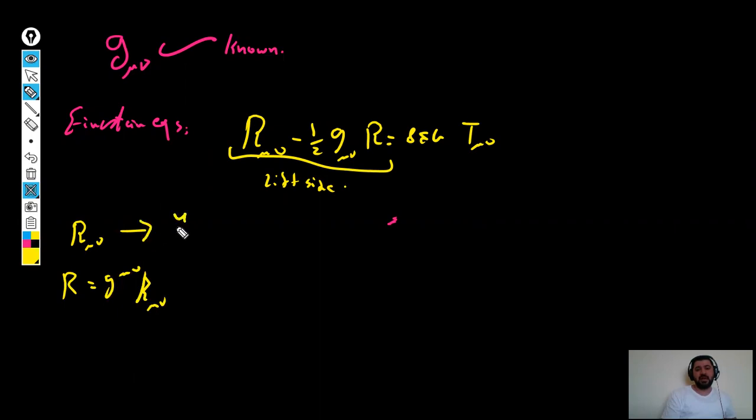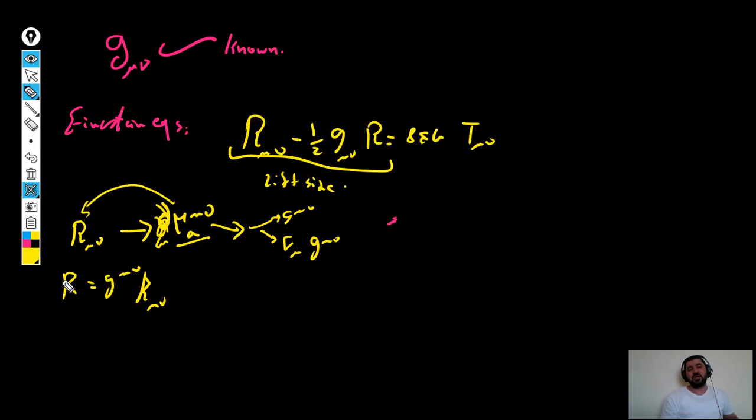R mu nu contains the Christoffel symbols gamma, and there is a derivative of gamma. And gamma contains g mu nu and the derivatives of g mu nu. So if we define the components of g mu nu, we can easily find the Christoffel symbols, directly find the Ricci tensor, then find the Ricci scalar. So by knowing the metric tensor, we can find the form of the left-hand side of Einstein's equations.